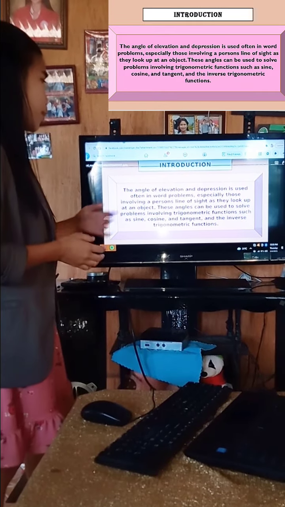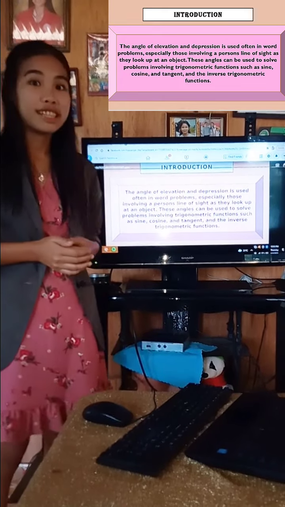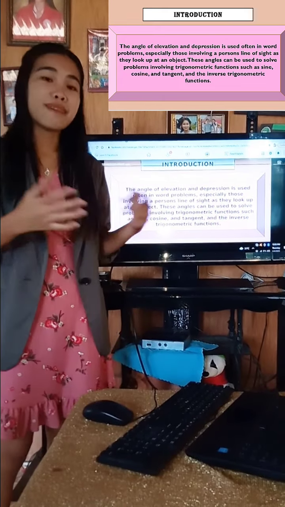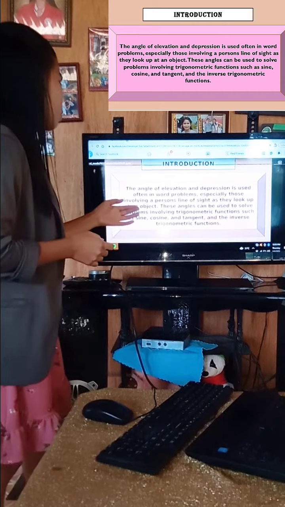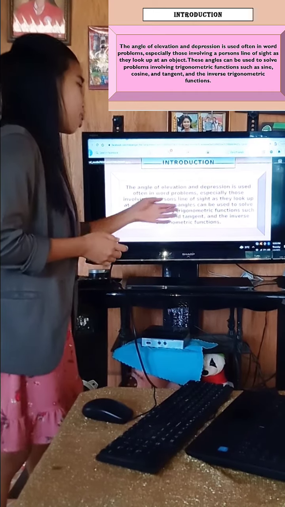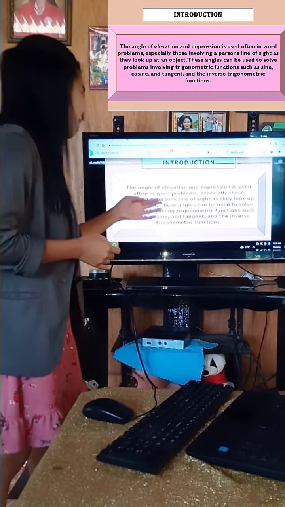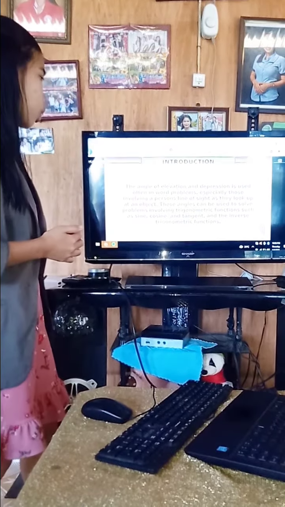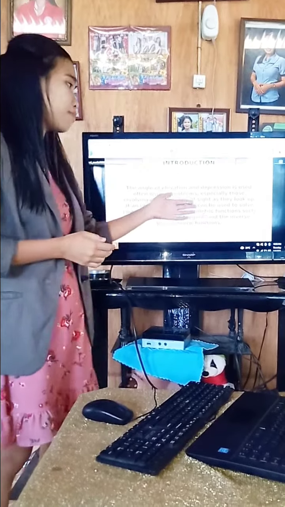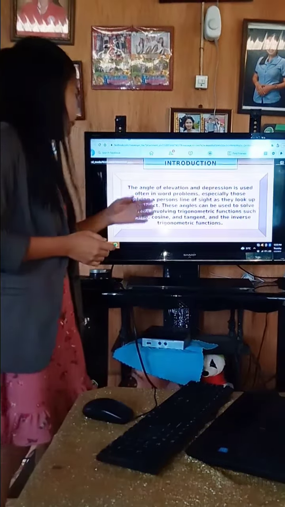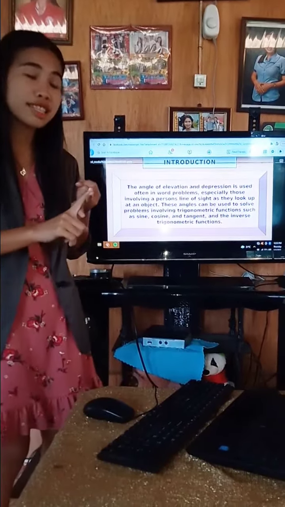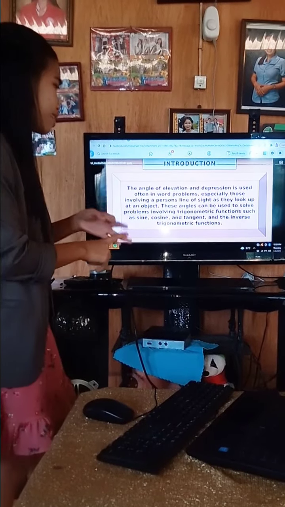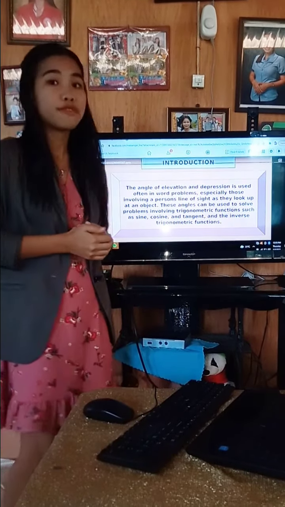For the introduction, the angle of elevation and depression is often used in word problems in mathematics, especially those involving a person's line of sight as they look up at an object. These angles can be used to solve problems involving trigonometric functions such as sine, cosine, and tangent, and the inverse trigonometric functions.